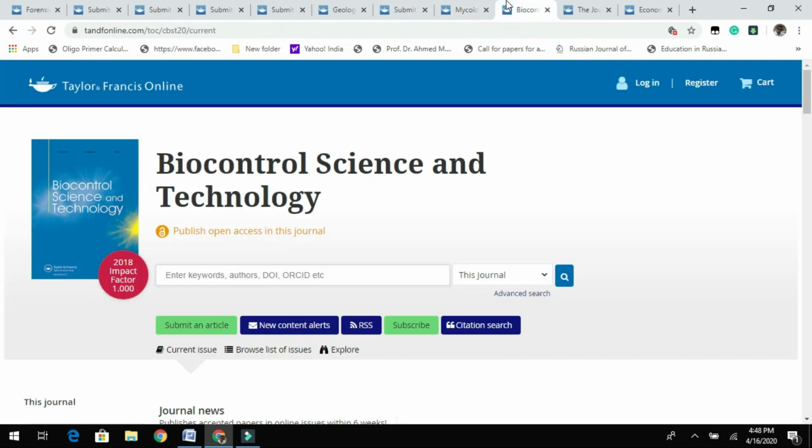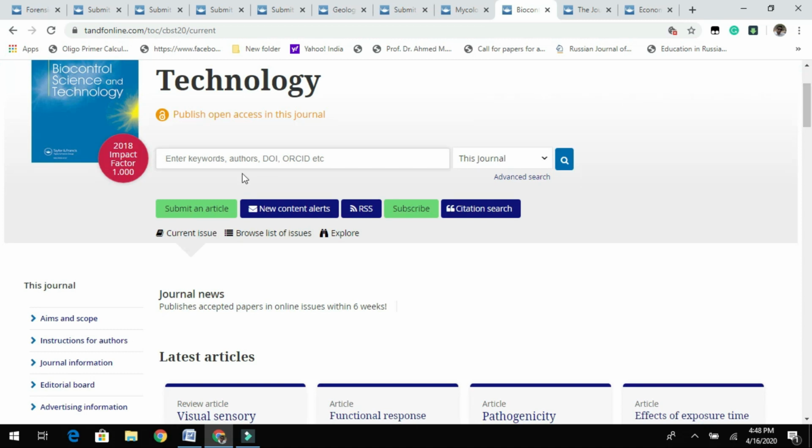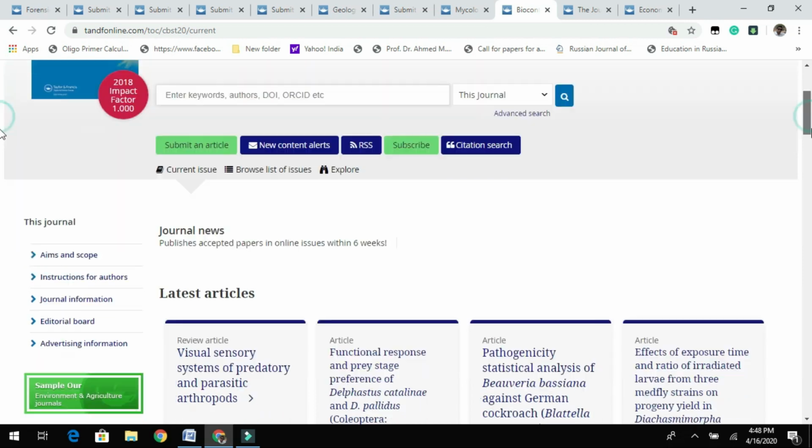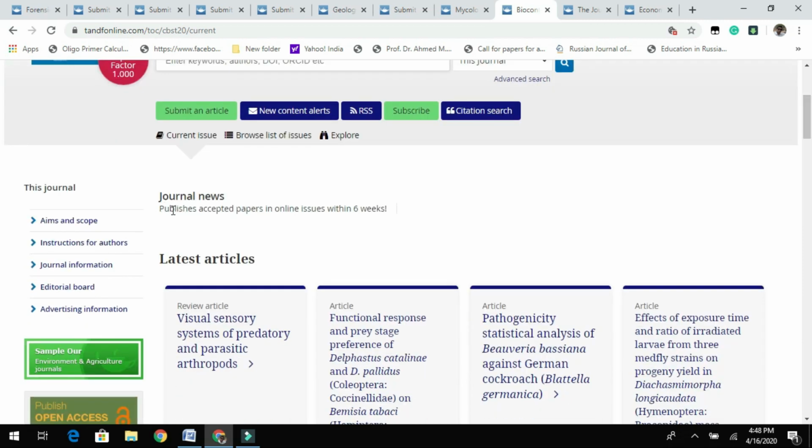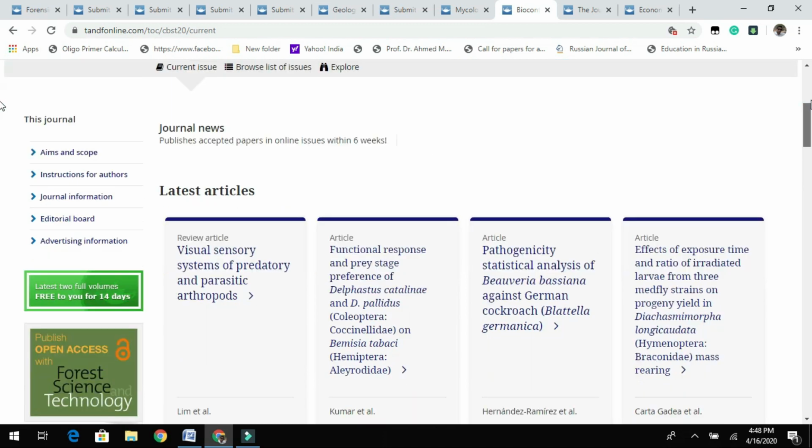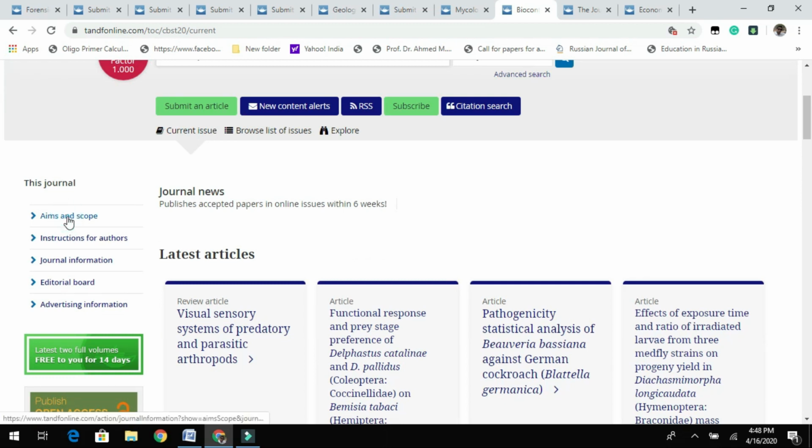So moving on to the next category, Biocontrol Science and Technology. It has an impact factor of 1.0. They have a journal news that publishes accepted papers in the online issue within 6 weeks once the article is accepted. So let us see the aims and scope of this journal and see whether your research falls under this category.